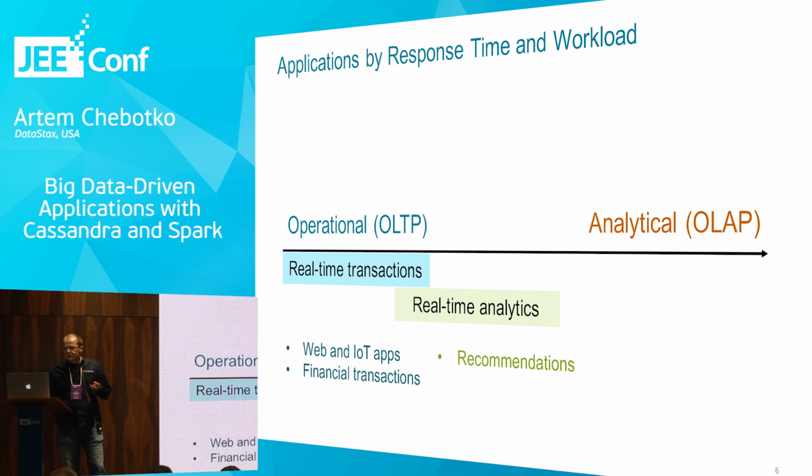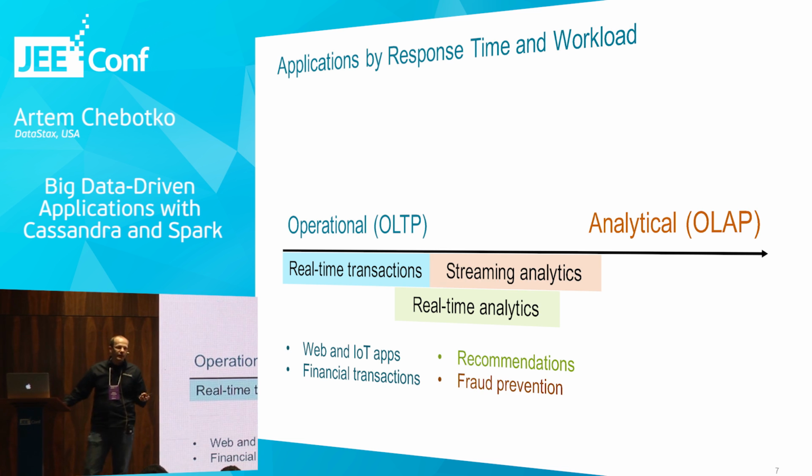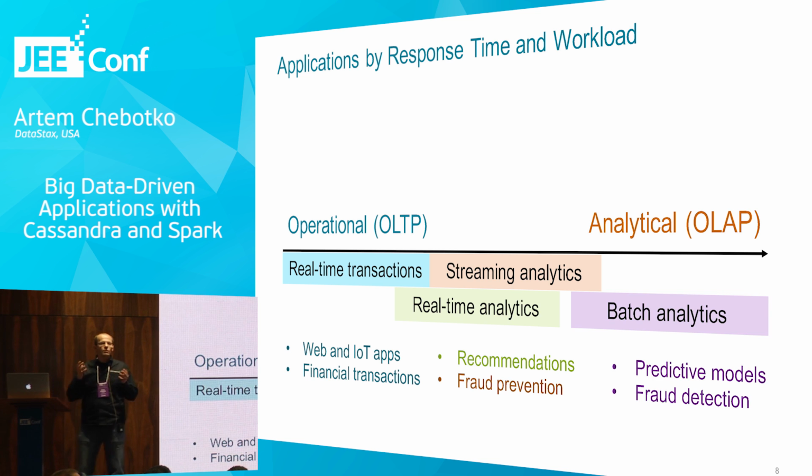Okay, there are some applications that would be kind of in the middle, like real-time analytics, like recommendations. To compute recommendations may take a long time, but you need to deliver recommendations to the user pretty quickly. And streaming applications, we had a number of talks about those. Example, fraud prevention, right? You need to analyze the data as soon as it comes and prevent, for example, a fraudulent financial transaction.